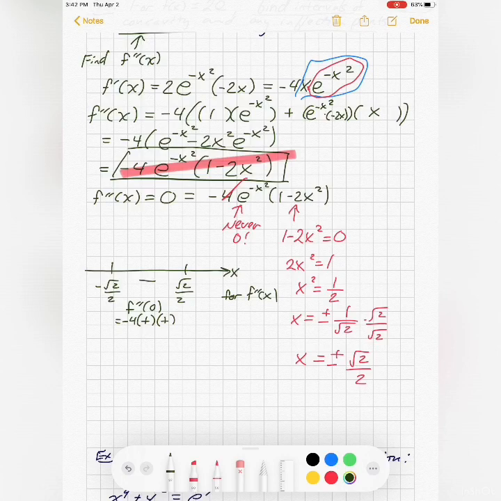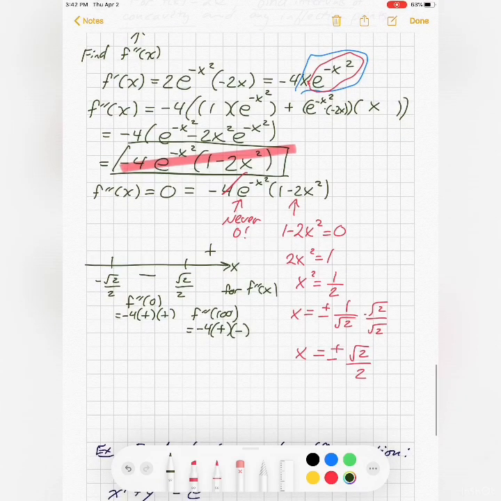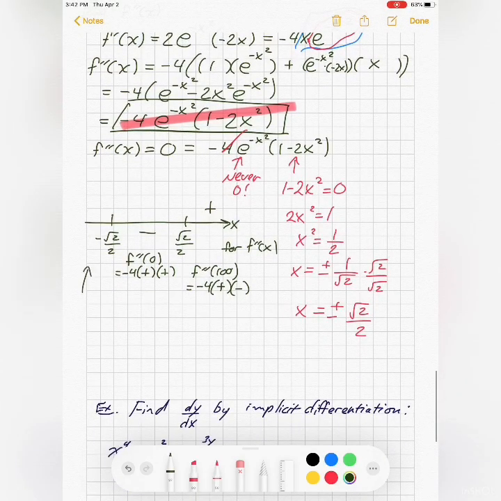Okay, √2 is like 1.4 divided by 2. This is less than 1. I'll put a big number in. Okay, so I'd have -4. Exponential is always positive. I'd have 1 minus a huge number. That's negative. Negative times negative, positive. Okay, and then one more over here. Huge negative number. -4 in front. The exponential is always positive. 1 minus a huge number is negative. This is also positive.